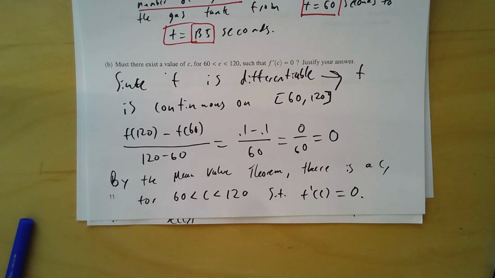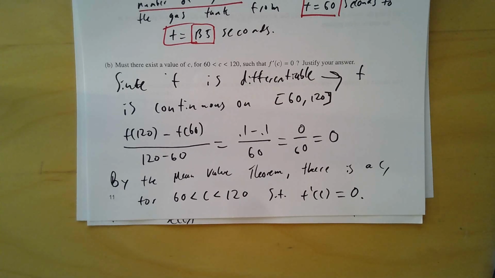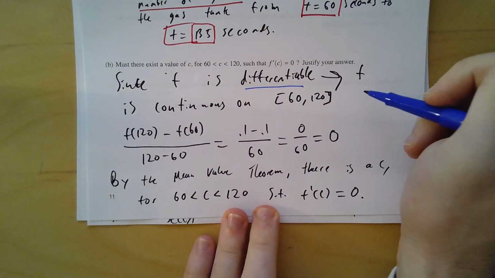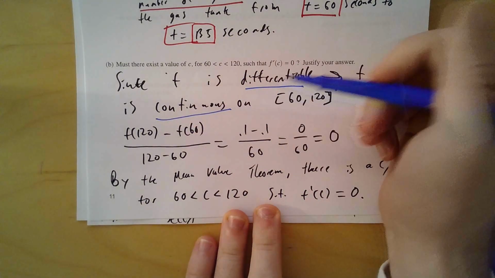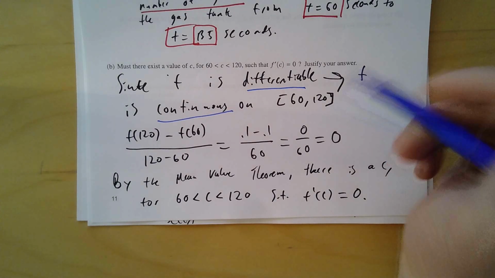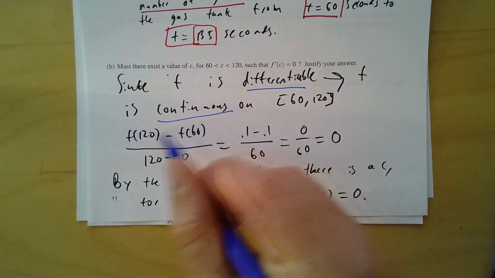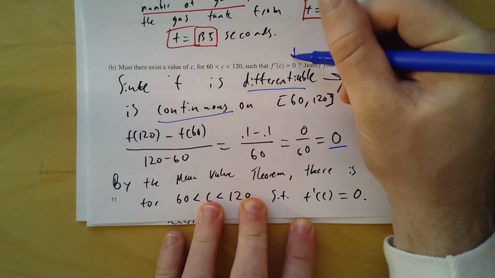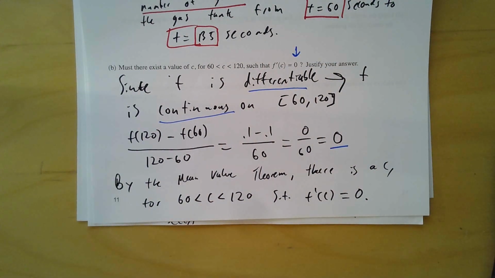So key parts of this, just as a review: you have to say that it's differentiable and therefore continuous on the interval 60 to 120. You find the average rate of change, and since this 0 matches this 0, we can say by the mean value theorem there is a c between 60 and 120 such that the derivative of c is 0.